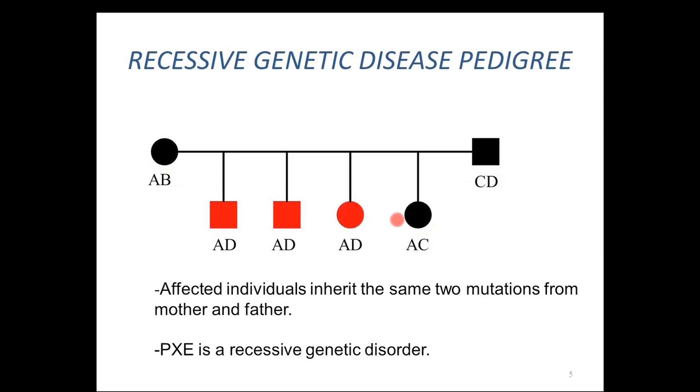And this individual who's not affected by the disease inherited the normal chromosome from the father, happened to inherit the disease chromosome from the mother, and this individual would be a carrier. That is, if they married another person that was a carrier, they too could have children with this particular inherited condition, and that's how recessive genetic disorders operate.